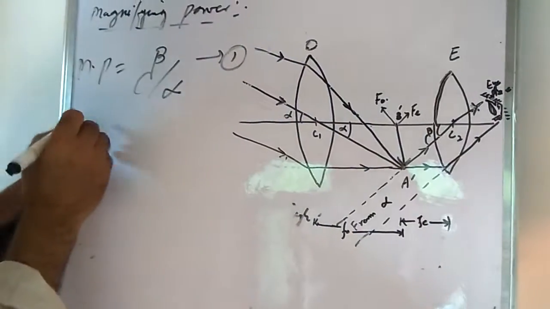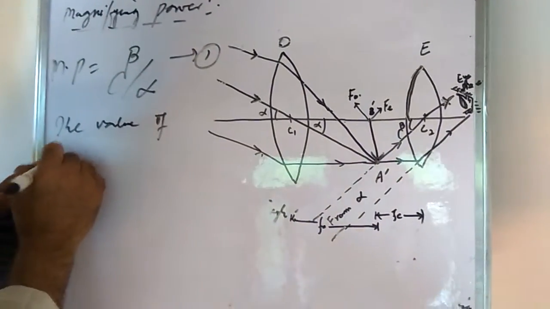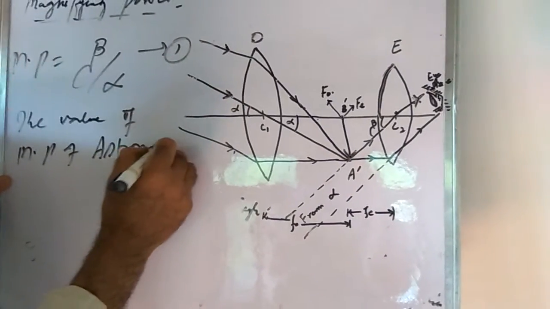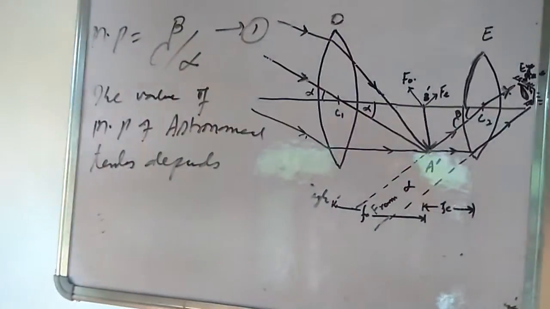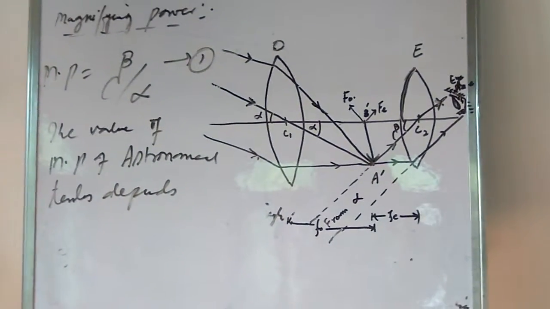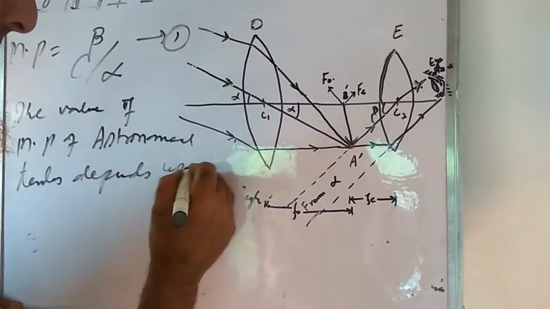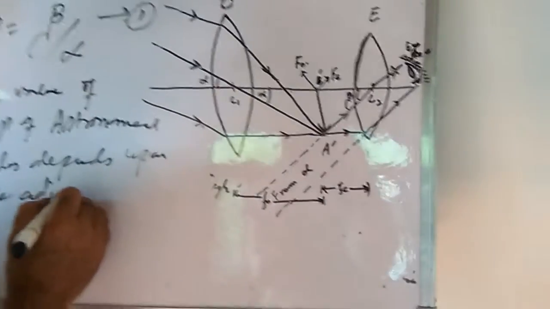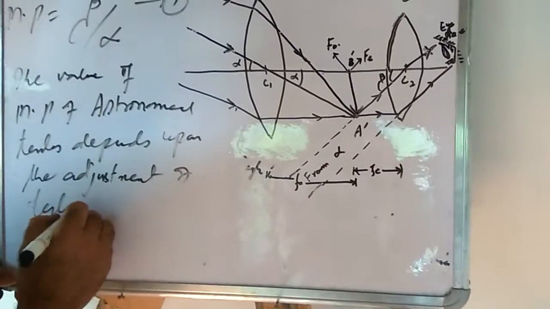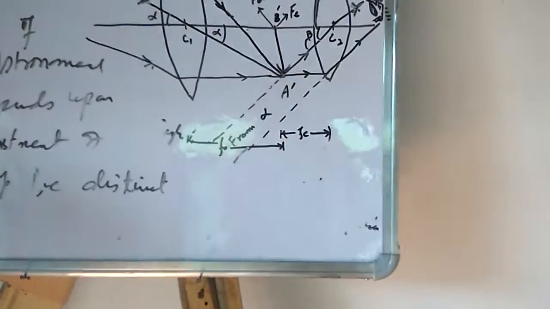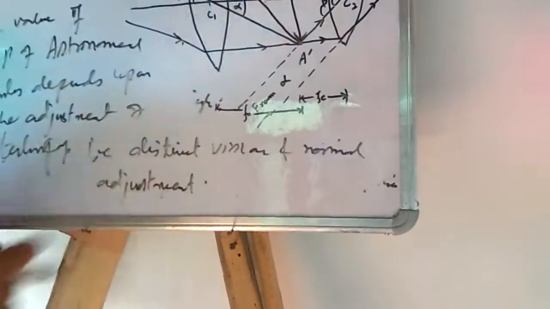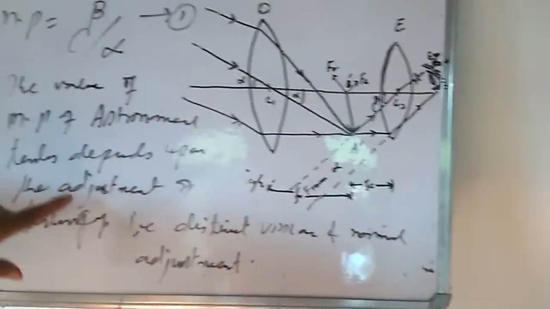Now the value of the magnifying power of the astronomical telescope depends upon the adjustment of the telescope, that is, distinct vision and normal adjustment.